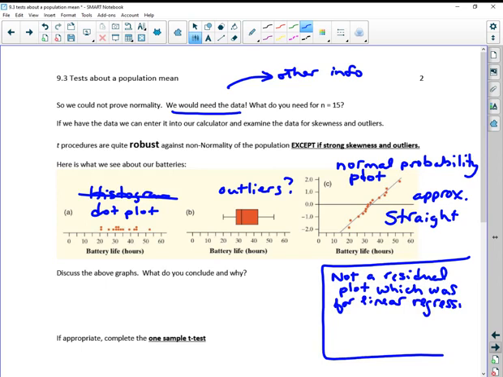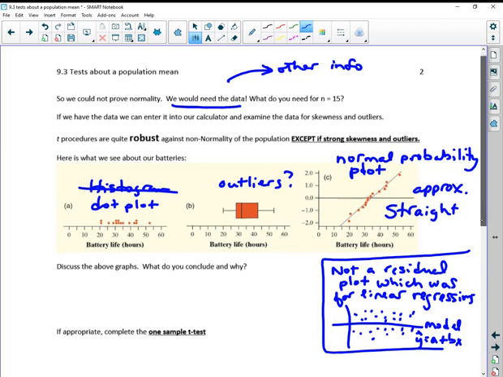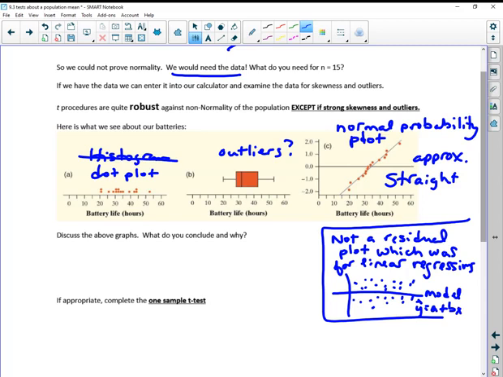So don't get confused and think, oh, remember there's our model for linear regression, our y equals a plus bx, and we wanted to have that chance scatter where our model was over predicting and under predicting, but in a seemingly chance way where there wasn't something systematic going on. But that's not what we're doing. We're doing a normal probability plot. We want it to be straight, and that's the most helpful graph to see if we are looking like normal.